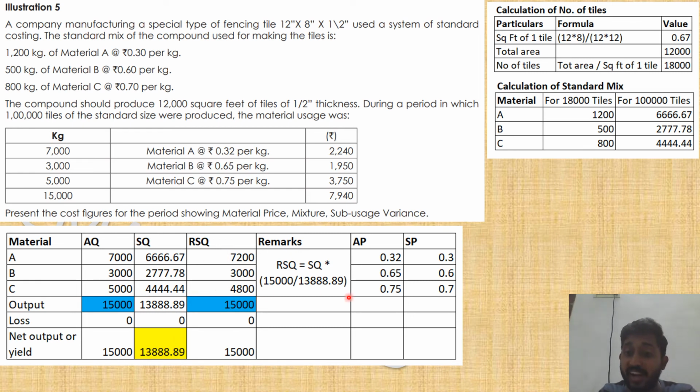Now we have to use the reverse formula, because standard quantity and revised standard quantity are always proportional. So 6,666 is the quantity of A required to produce 13,888 yield.